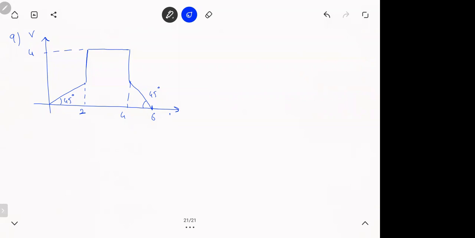You need to, first question, find the displacement in 6 seconds. And you got a weird shape here. Then plot the AT graph.